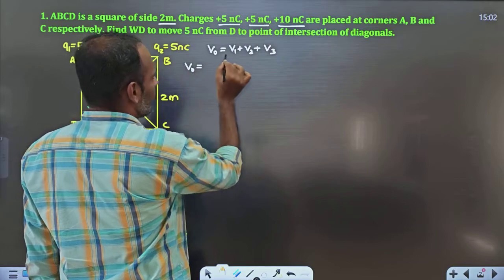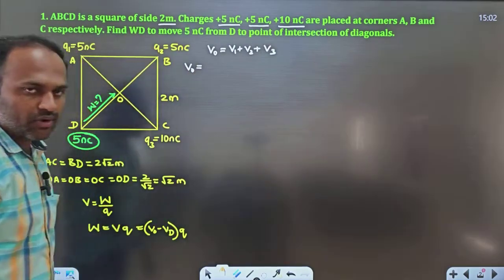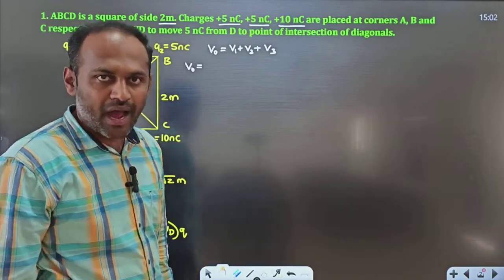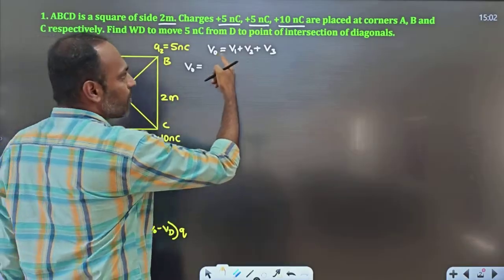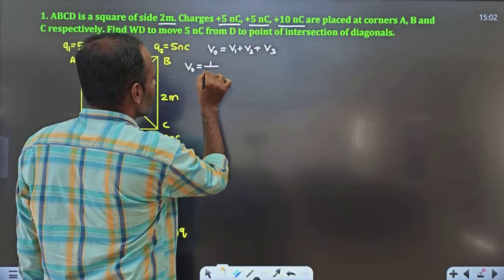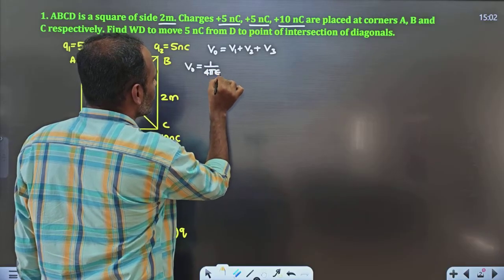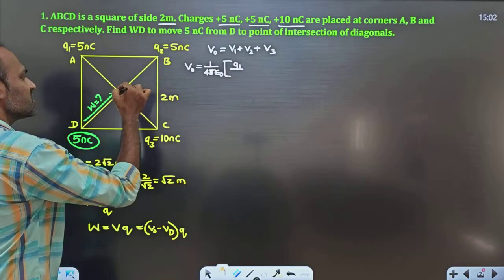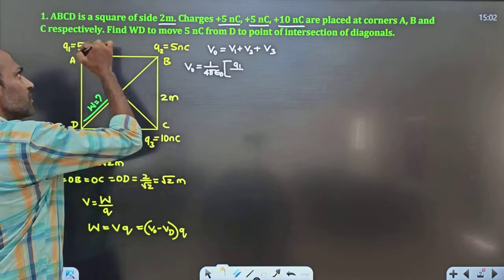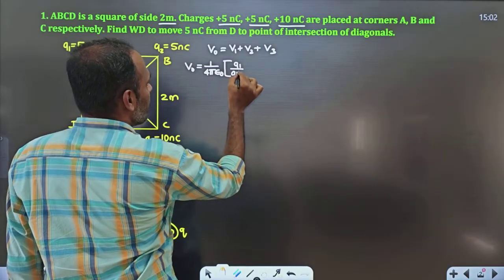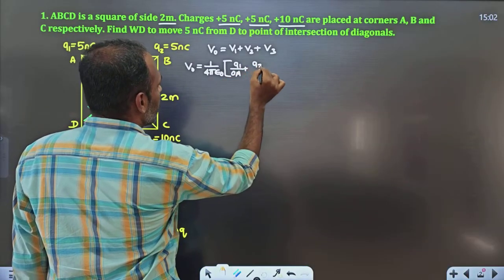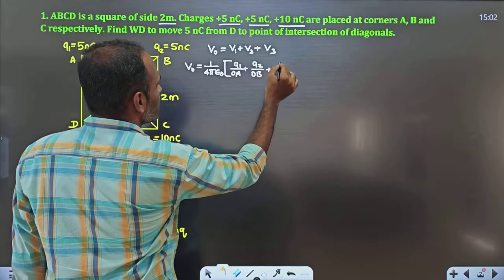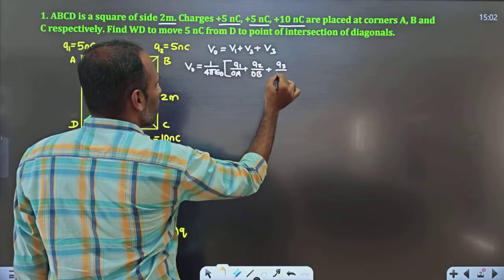So VO is equal to, to calculate the three potentials, the formula we use is 1/4 pi epsilon naught Q divided by R. The 1/4 pi epsilon naught is common to all three, so I will take it common. So 1/4 pi epsilon naught in the bracket Q1 divided by its distance OA, plus Q2 divided by OB, plus Q3 divided by OC.